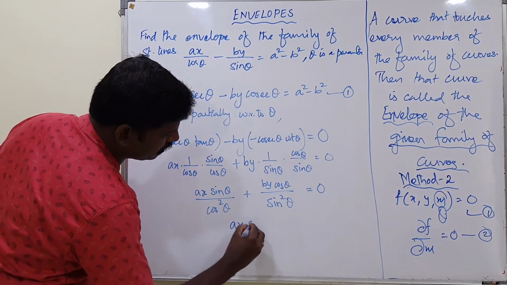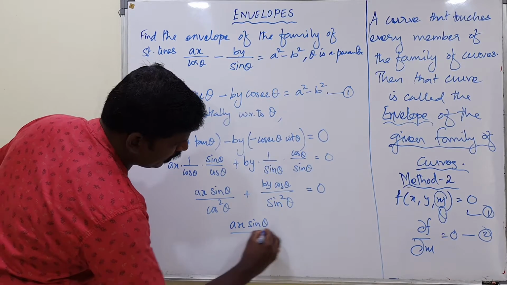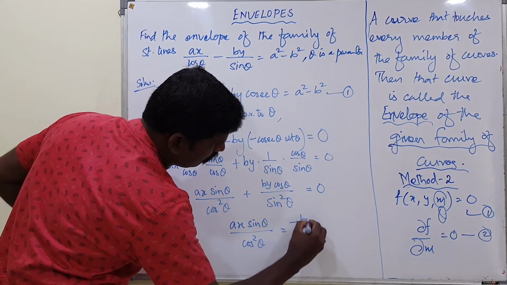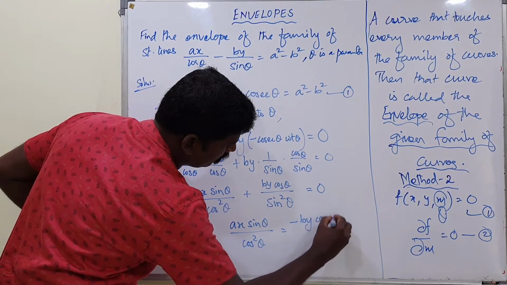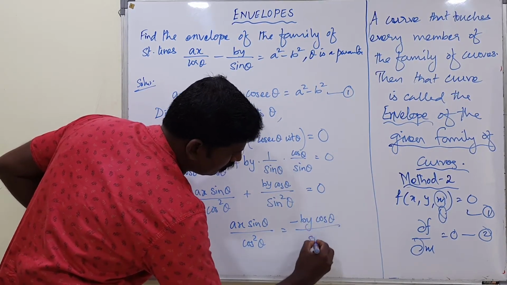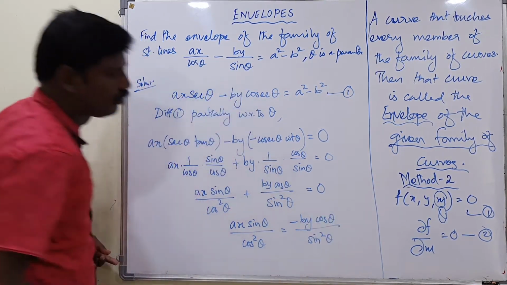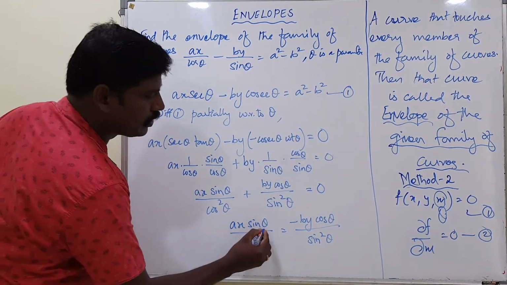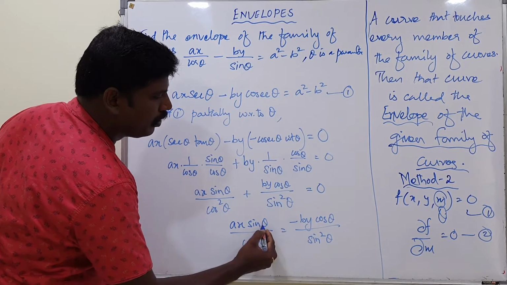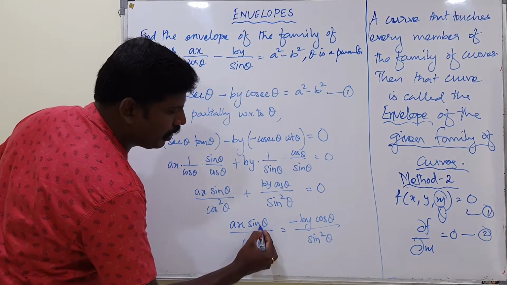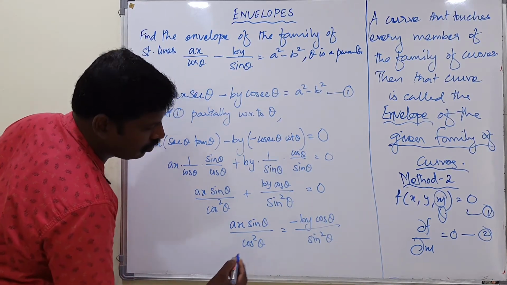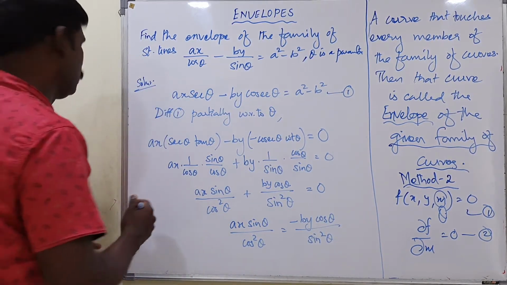What will you get? a x sin theta by cos square theta equal to minus b y cos theta by sin square theta. Right? Now I am taking the sin theta to the right hand side, cross multiplication, and taking this cos theta into the left hand side. So what you will get?